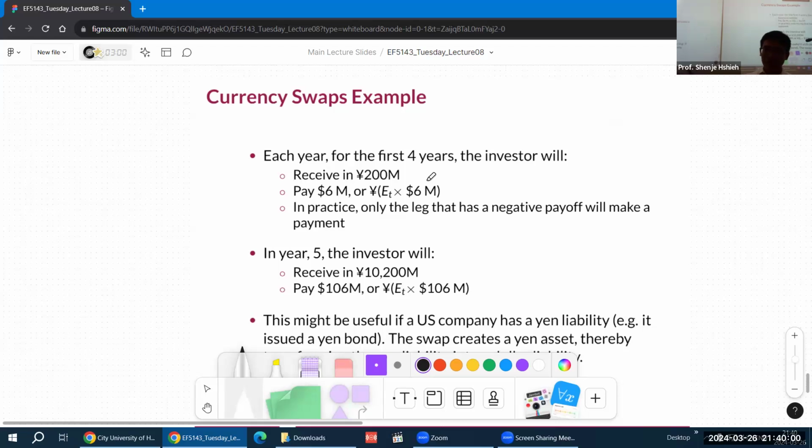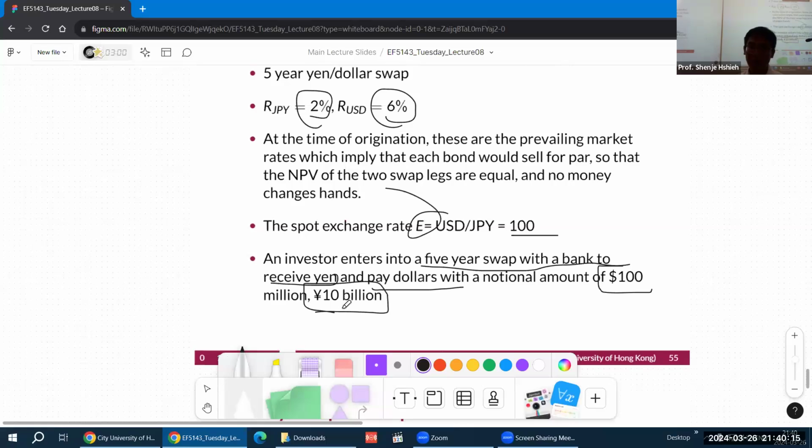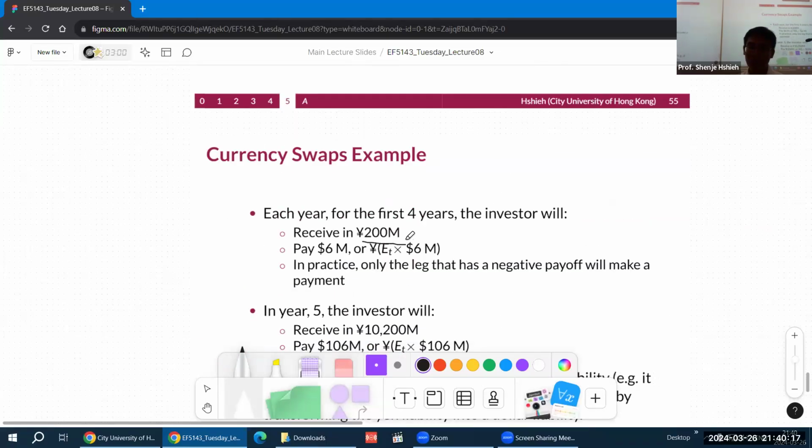So, for example, elaboration. Each year for the first 4 years, so this is a 5-year swap, if you are long yen, that means you are receiving yen. So here, 2% of 10 billion is 200 million.